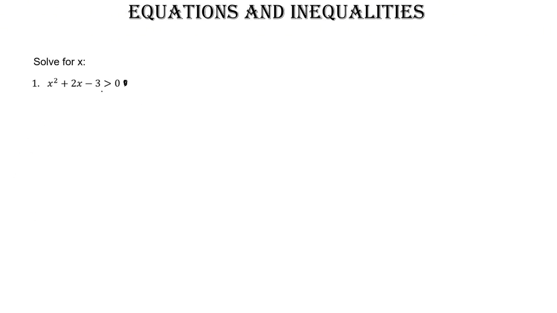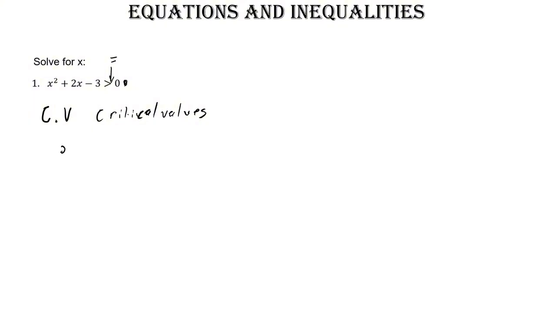Then after that, we must change this inequality to an equals to sign. But we must make sure that we put something called CV. What is CV? It's not a curriculum vitae. It's what we call critical values. So our critical values are basically our x-intercepts that we're going to find.